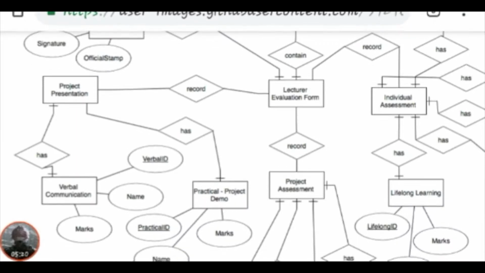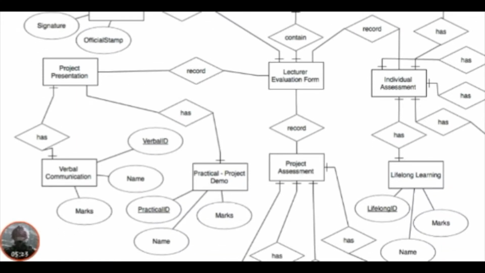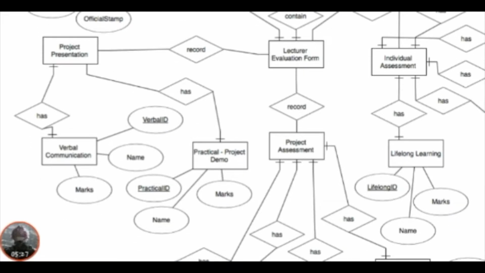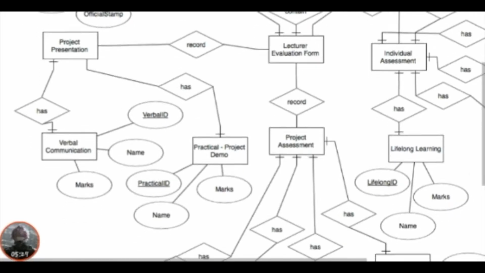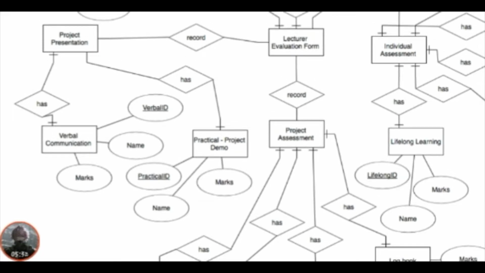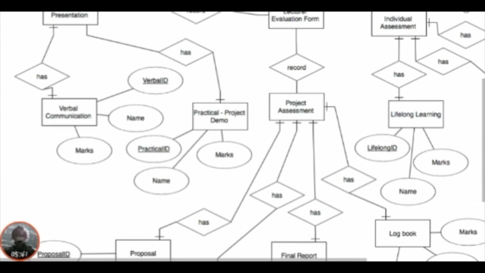The lecture evaluation form also records another entity, which is project presentation. Project presentation has two other entities. First, project presentation has a practical project demo. The practical ID here is the primary key.